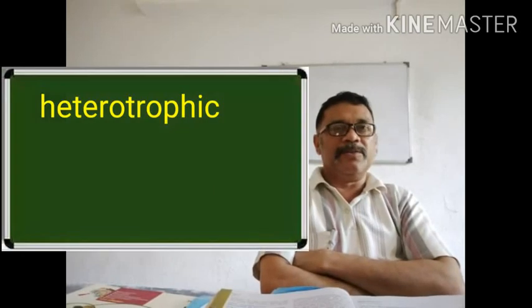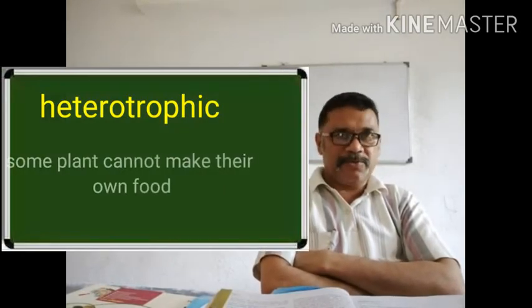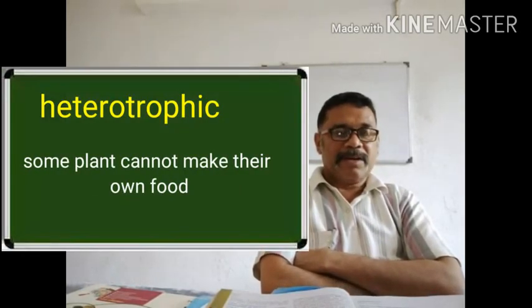Okay. Now, some plants are heterotrophic. What is the meaning of heterotrophic? That means they cannot make their own food. But I have told that plants can make their own food. Some plants are heterotrophic.